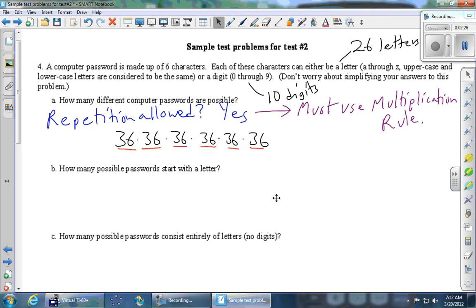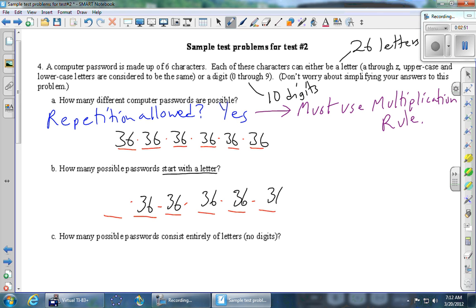Then B, how many possible passwords start with a letter? Same idea as before. We're still going to multiply 6 numbers together. And most of this is exactly the same. It says how many possible passwords start with a letter, meaning that everything else except for the starting slot is still 36. There's no other restrictions down here. But the first one has to be a letter.